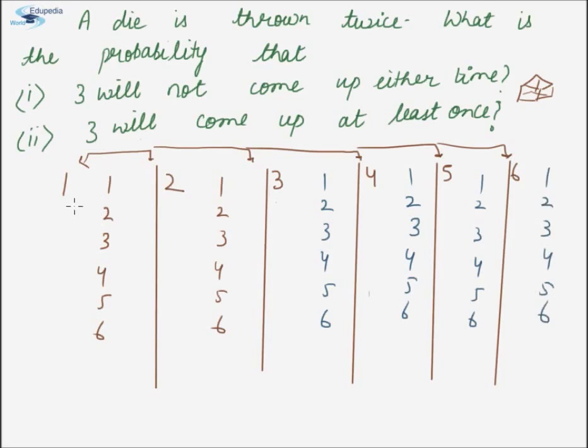Thus we can have all these as the possible outcomes. That is, in this column we have mentioned the outcomes with the value at the first throw as 1, and then the value at the second throw as any of the values from 1 to 6. Similarly for all these cases.